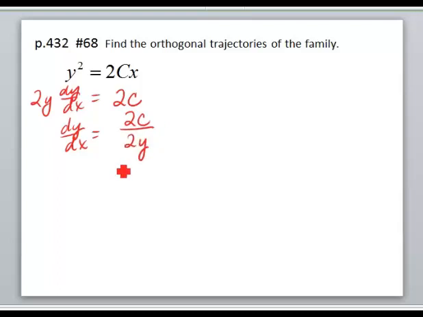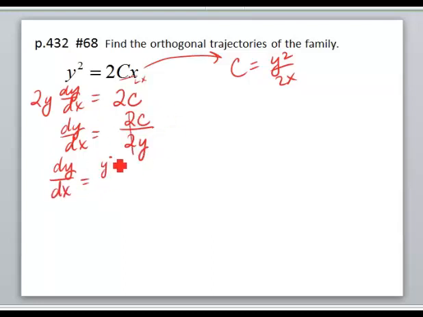Now we can't have c's in our dy over dx, so I need to figure out what c actually equals. Over here on the side, c equals, when you divide by 2x on both sides, y squared all over 2x. So now I have dy over dx is equal to, I can cancel those out, y squared all over 2x in for my c all over y.